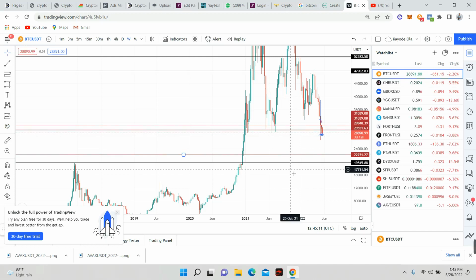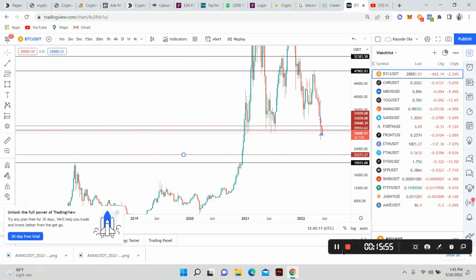Let's assume I am buying now. It's part of my plan that if this market goes against me, what am I going to do? It's like having a backup plan.